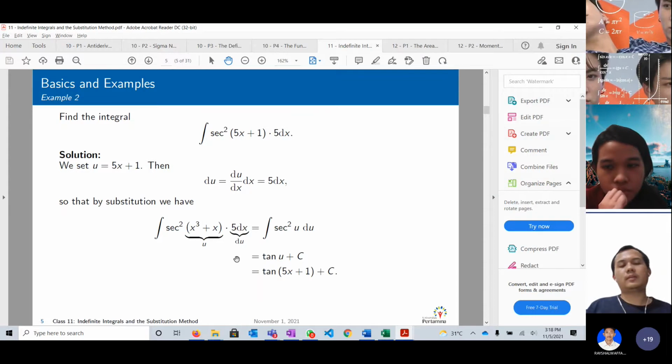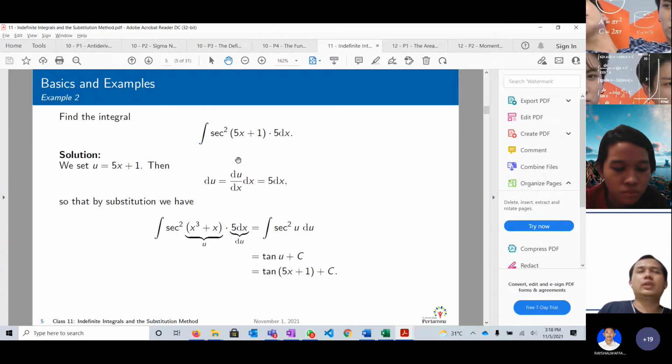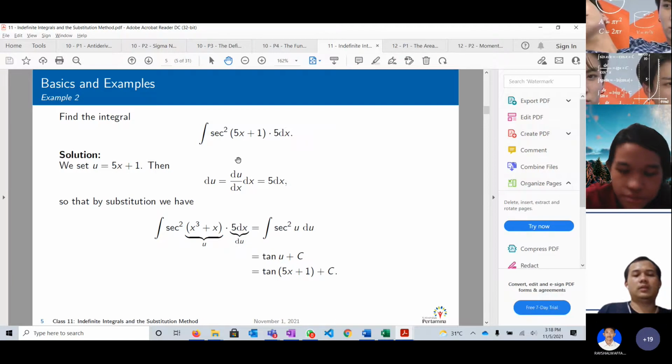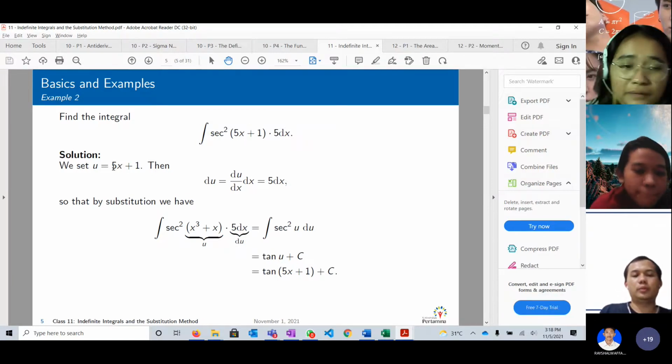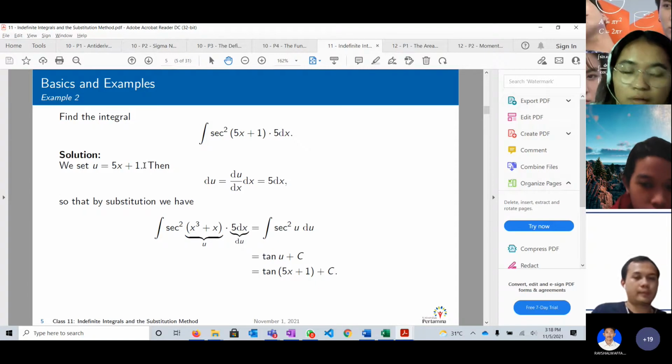It's the same thing as before. We just need to substitute whatever is inside. We need to choose the best substitution, and in this case the best substitution is u equal to 5x plus 1.